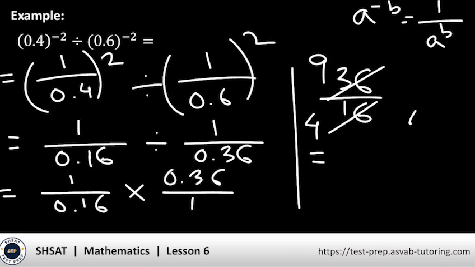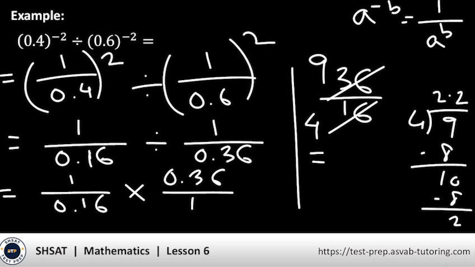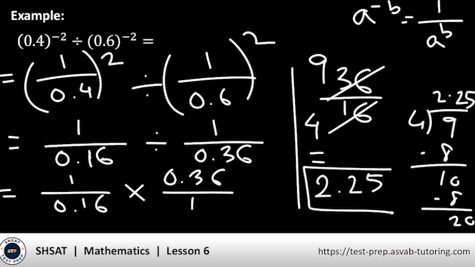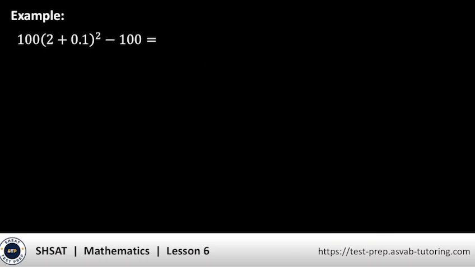So now you can actually divide it like this. 4 2s are 8. Then put a 0. 4 times 2 is 8. Once again, that gives me a 2. So 4 5s are 20. So my final answer is 2.25. Okay? All right, moving on.